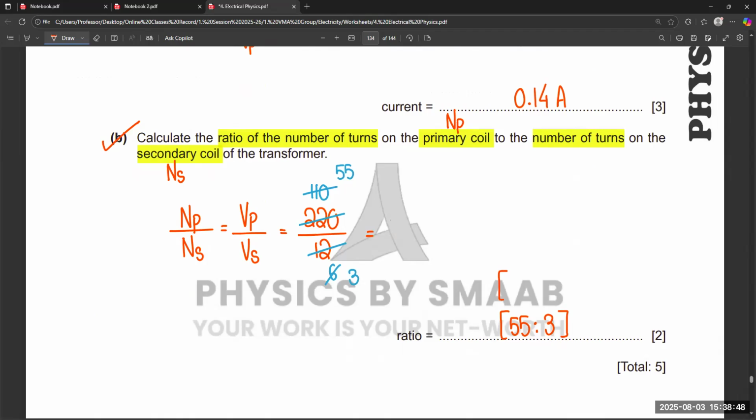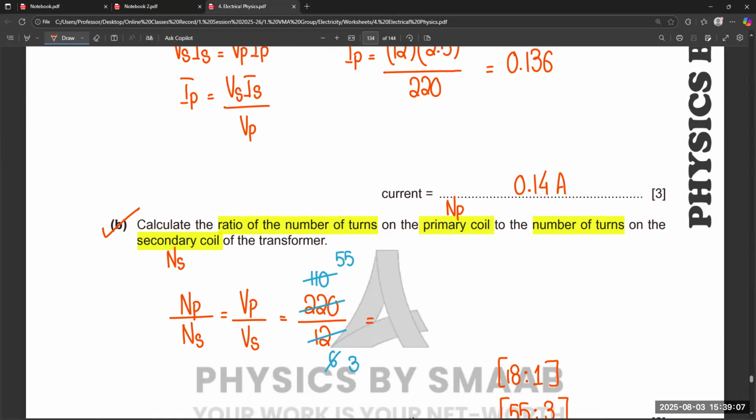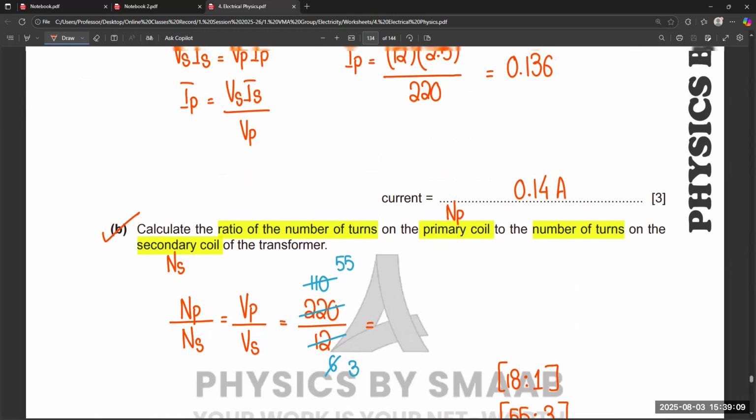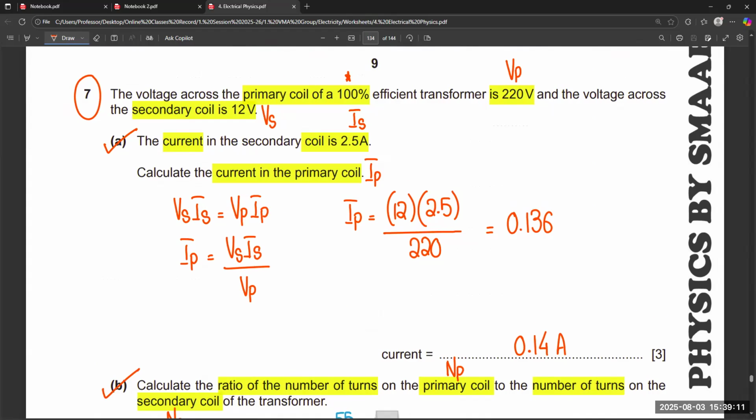You can also write 18 rounded off by 1. This is the ratio of the number of turns in the primary coil to the secondary coil. And you can see this is a 5 mark question, a very basic question from the transformer. Just apply a direct formula and you will get these 5 marks.